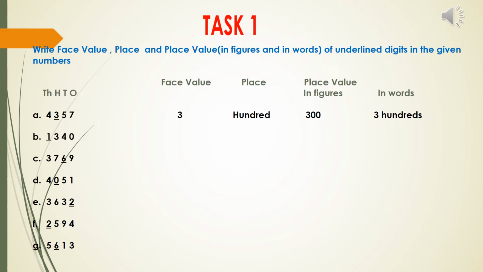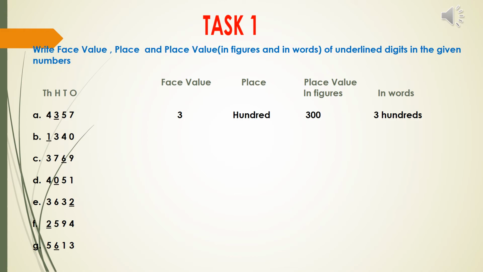Now, having understood face value, place and place value, here is your first task of the day. You have to write face value, place and place value, both in figures and in words, of the underlined digits in the given numbers. The first one has been done for you.